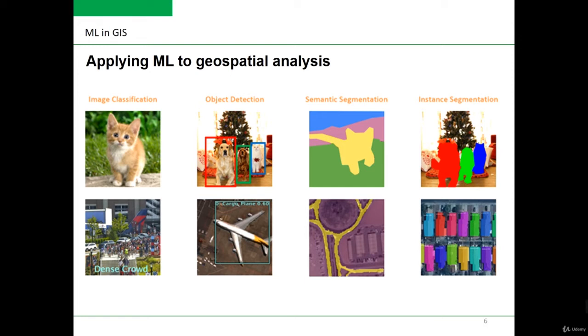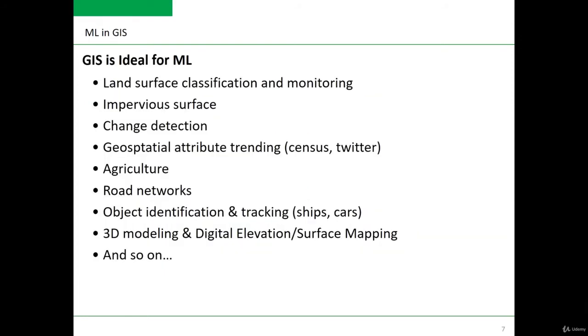The figure on this slide shows some of the most important computer vision tasks or use cases and how they can be applied to GIS. So the examples include image classification, object detection, segmentation, and finally prediction, which is not shown on this slide.